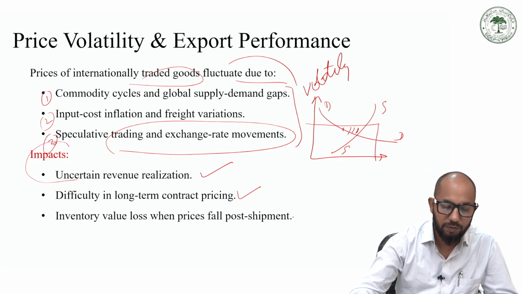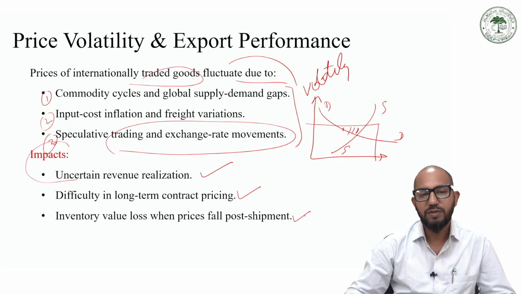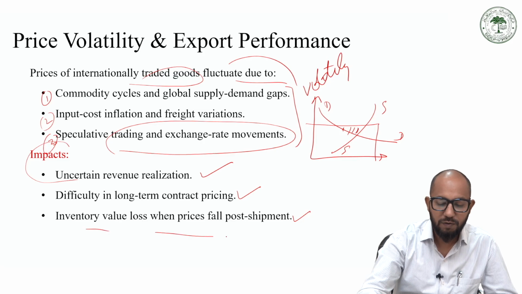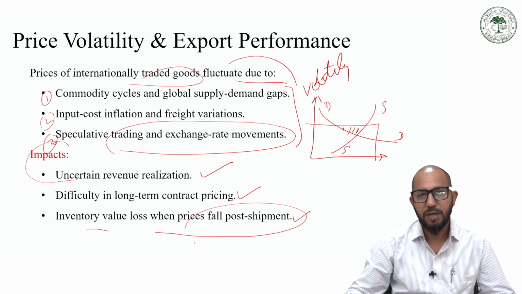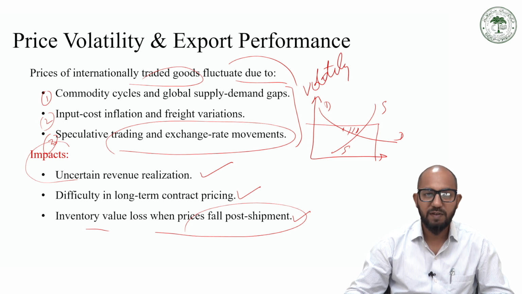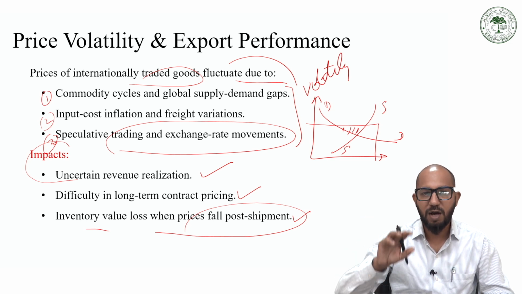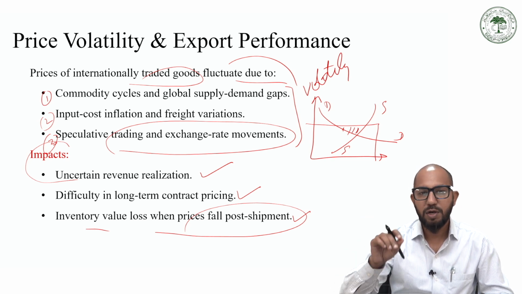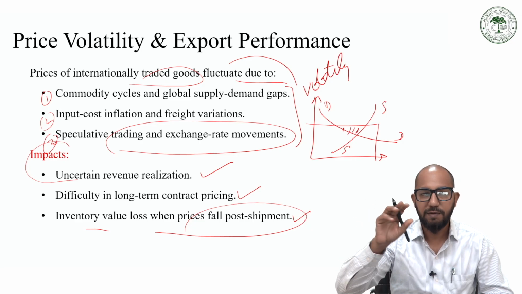And the third one, which is an important impact, is the inventory value loss when prices fall post shipment. So the goods have left for the destination and already one month has passed, but once the goods reach the destination, the prices in the destination markets have gone down, or in the international market they have gone down.